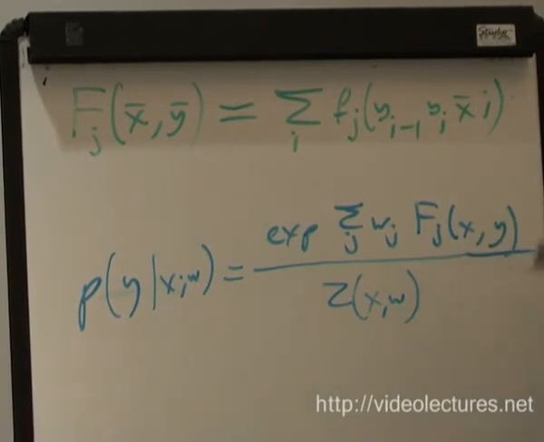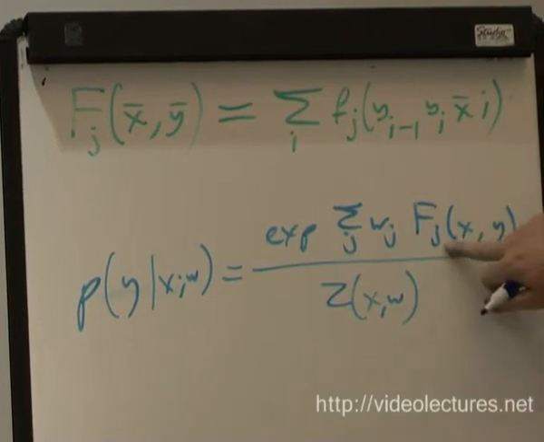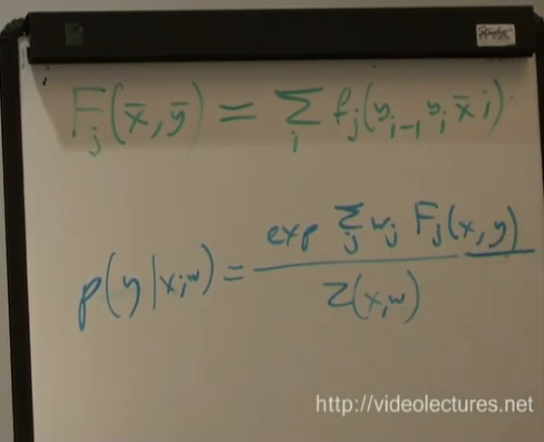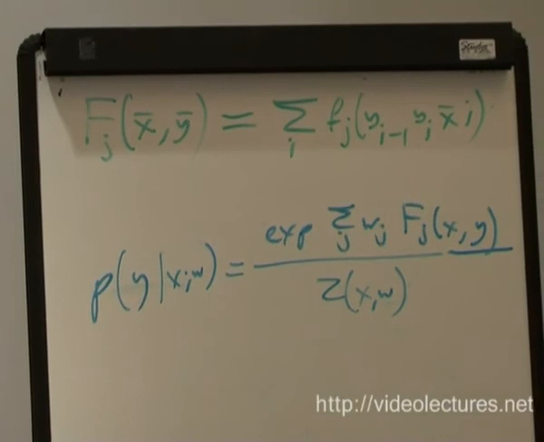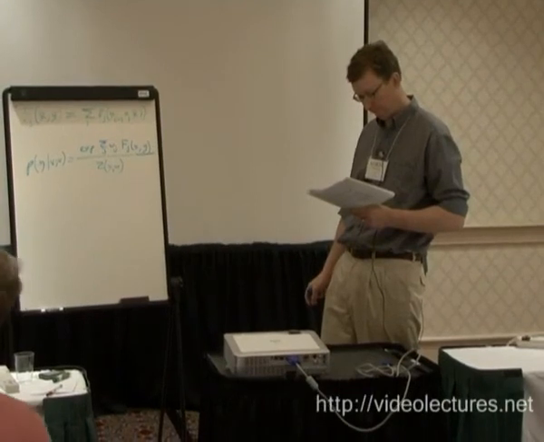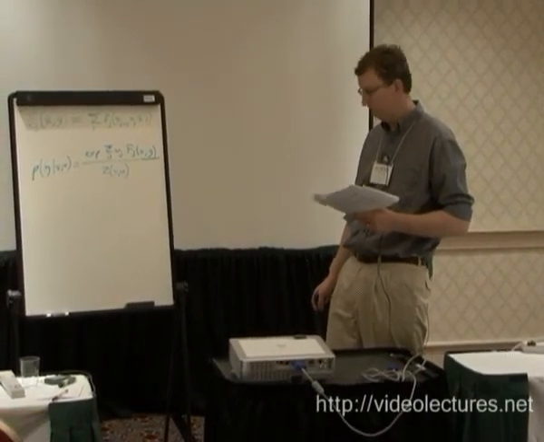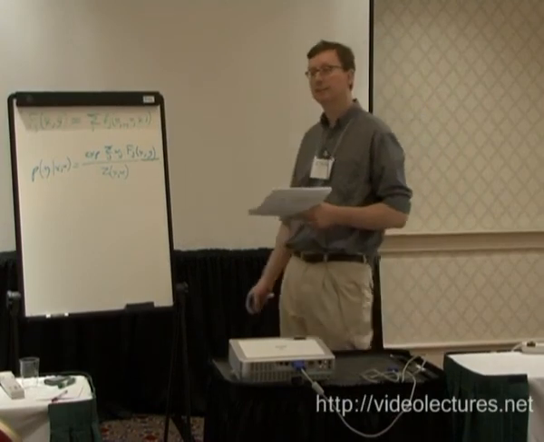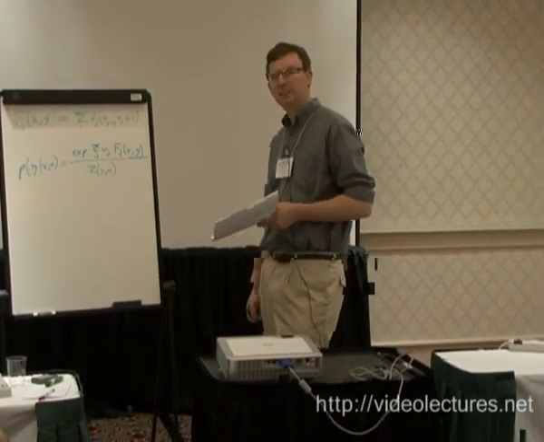When I was talking about the multi-label example just now, I pointed out that you can have useful feature functions that don't depend on x, that only depend on y. So now here's a question for the audience. If you had a feature function that only depended on x and didn't depend on y, would that be useful?